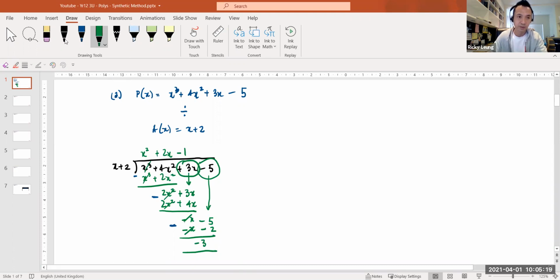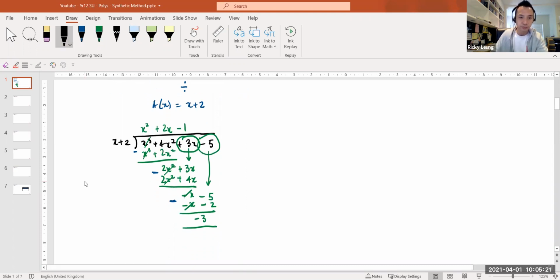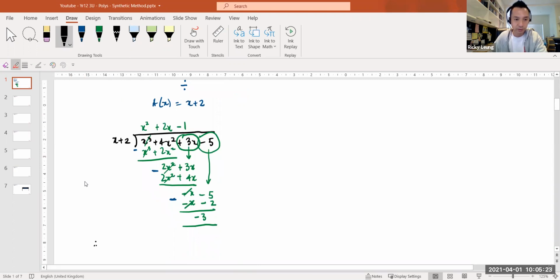You're done. So your conclusion is therefore p(x) divided by a(x) gives me my quotient plus my remainder. Now, if the remainder is negative, in this case, make it minus 3 divided by the divisor.